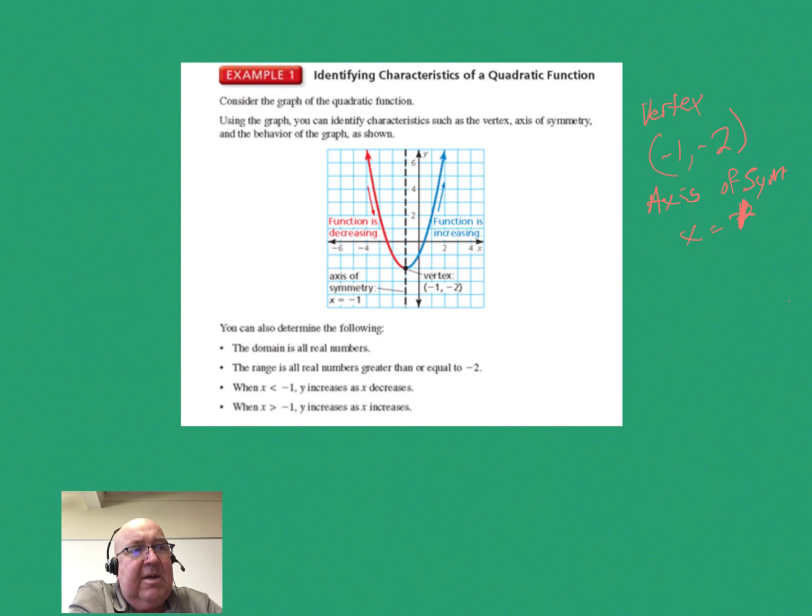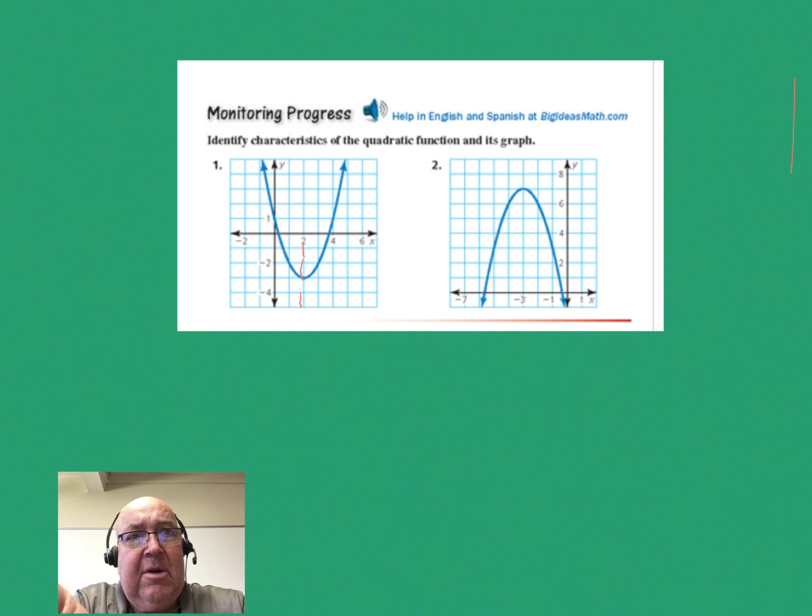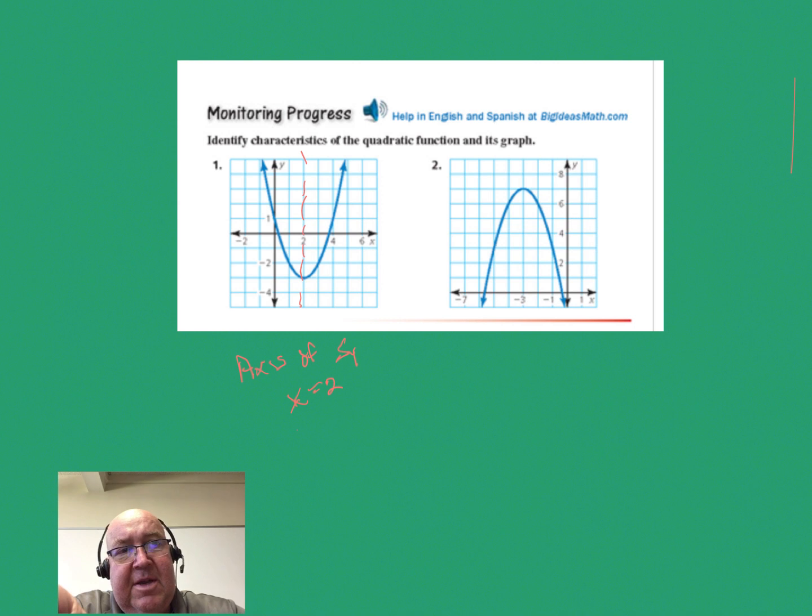So let's look at a couple of graphs and what we can tell about them. Graph number 1, the axis of symmetry is x equals 2. The vertex is 2, -3. When x is less than 2, the values of y decrease.